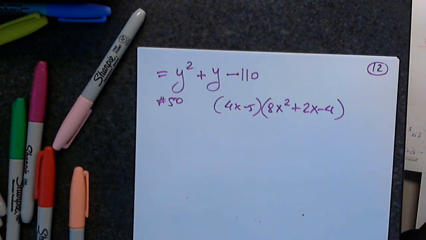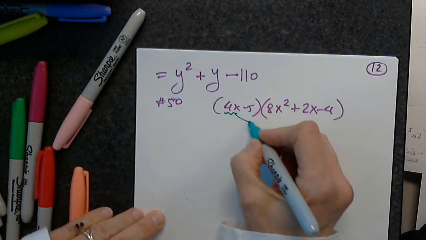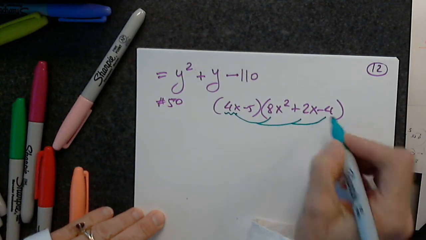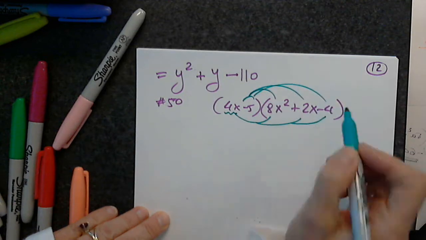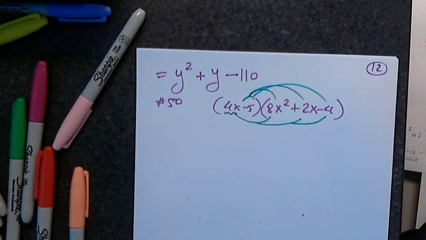Binomial, yes, it is a binomial. What is the second one? Trinomial. Yes, so we are multiplying a binomial by a trinomial. So I have to distribute 4x to 3 terms, then negative 5 to 3 terms. How many terms will I end up with initially, not after simplifications? 6 of them, very good.